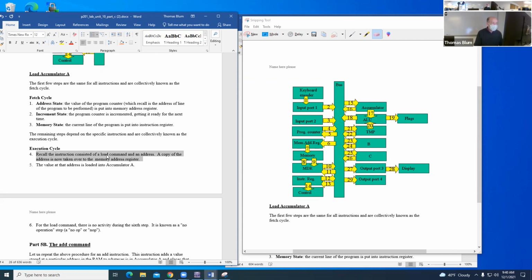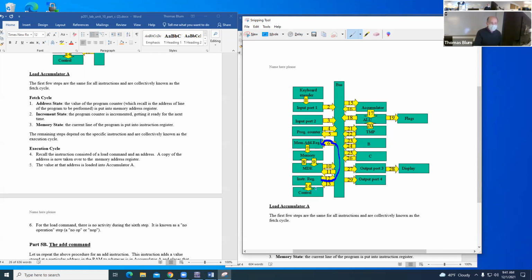The instruction and its data are now in the instruction register. So we're going to move the data part of the instruction out of the instruction register and into the memory address register. That's our next step.